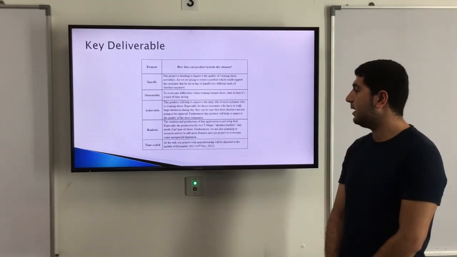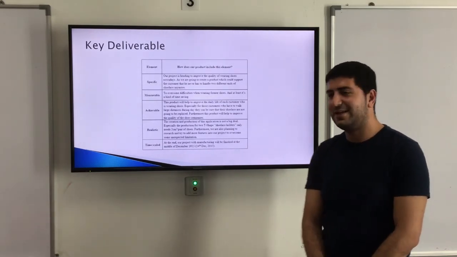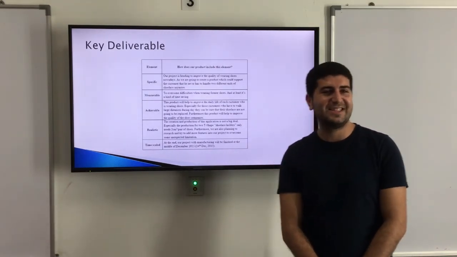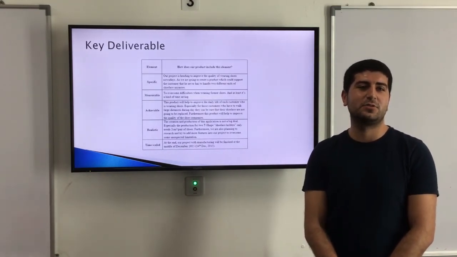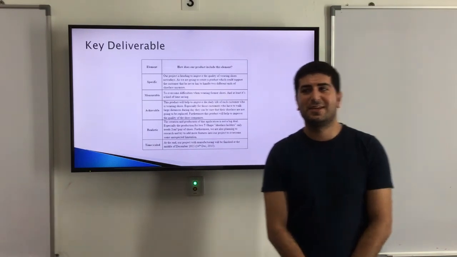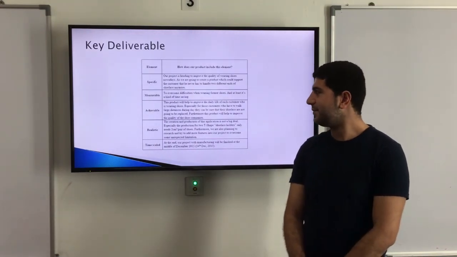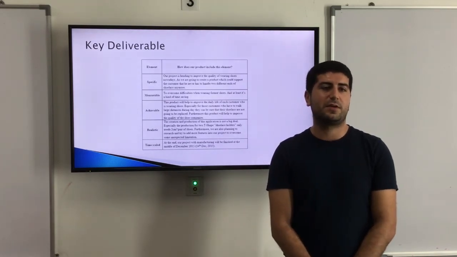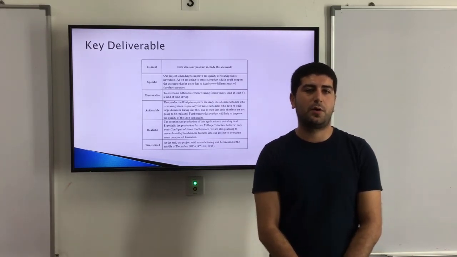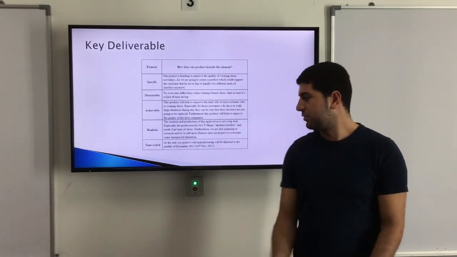The realistic element was that it is not a big deal to produce our product, because we only need two cubic centimeters of material for each pair of shoes. The last element, the time scale, was that we wanted to finish our project in the middle of December, and we reached that.